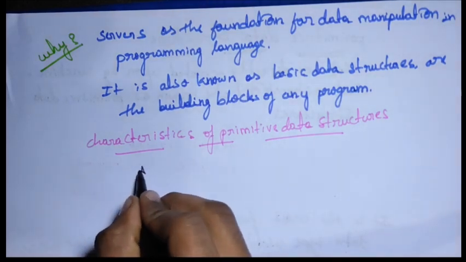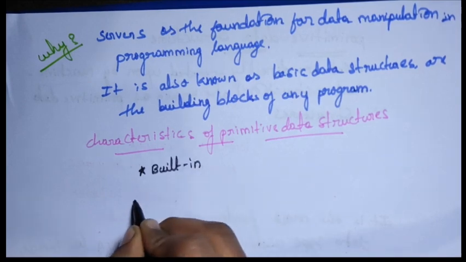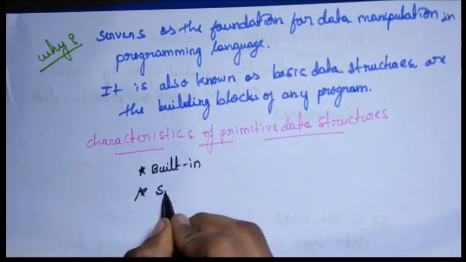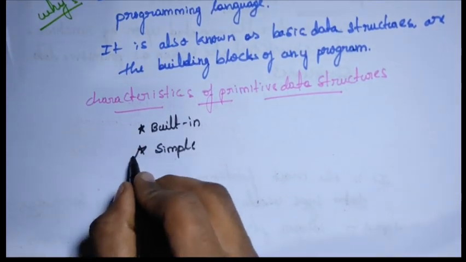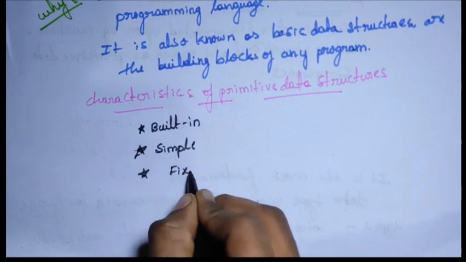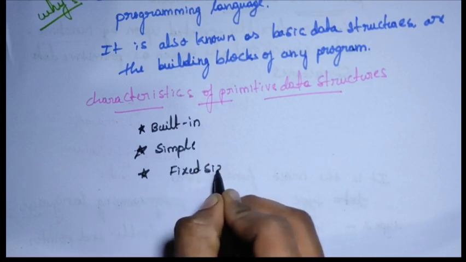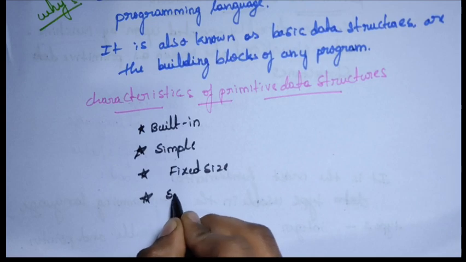First characteristic is built-in, next simple, next a fixed size, next storage in memory.